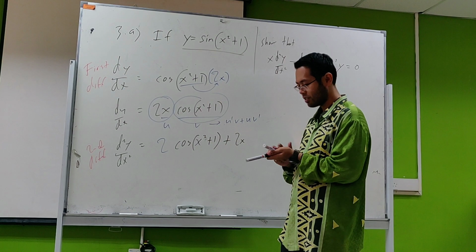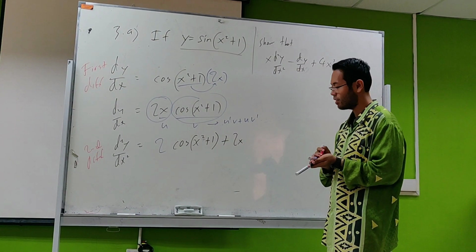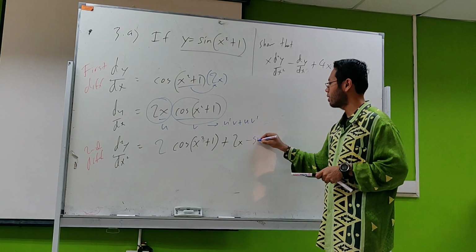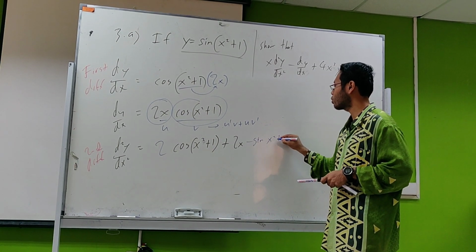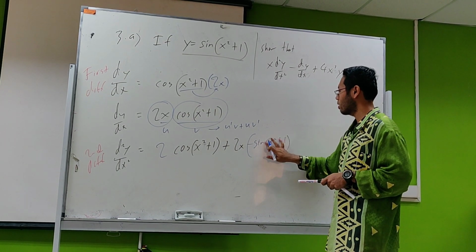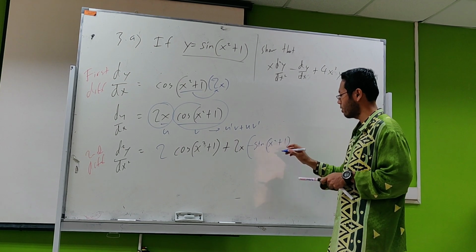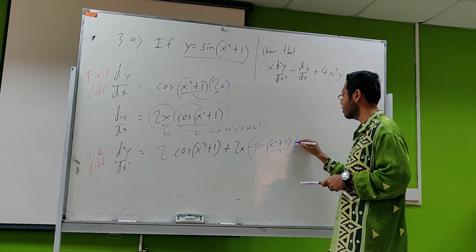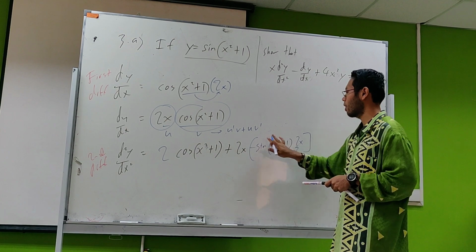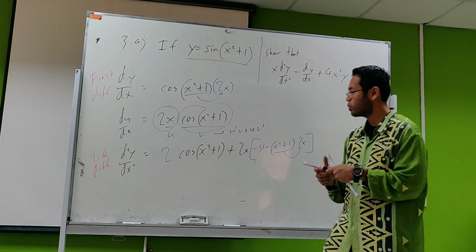And differentiate cos. Sine squared plus 1. Are you done? The differentiation is like here. Of course, we can rearrange them.